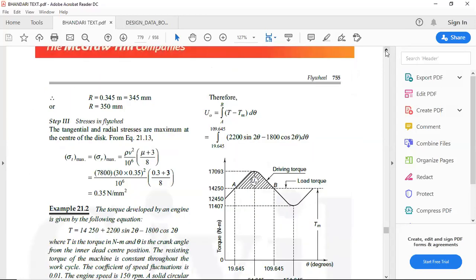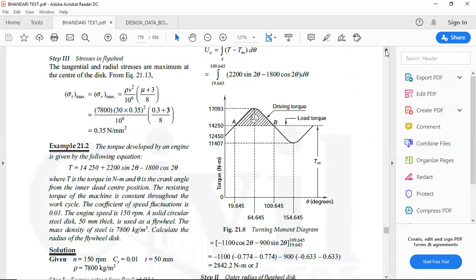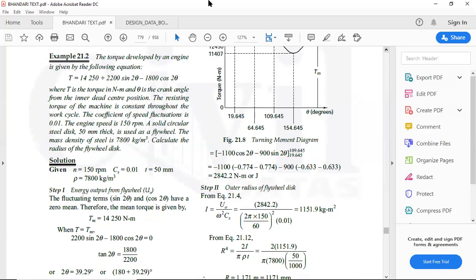To find the energy, you have to go for equations, and Tm is found out when we take the sine 2 theta as well as cos 2 theta as a zero mean. Means sine 2 theta as well as cos 2 theta comes closer to zero.